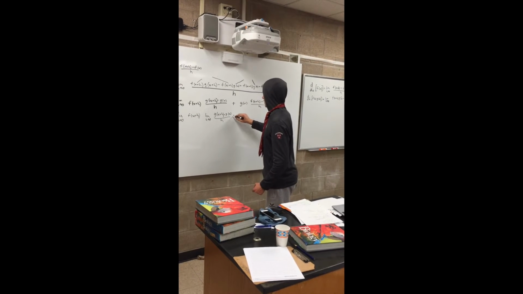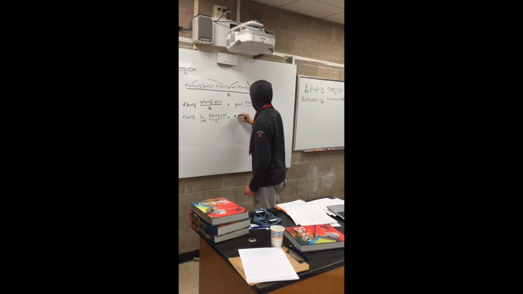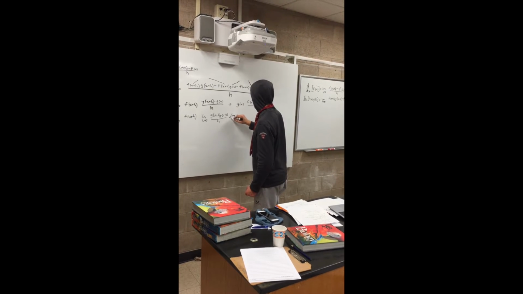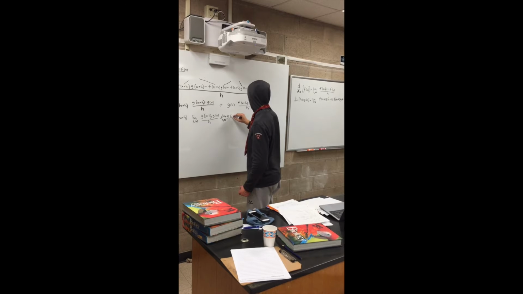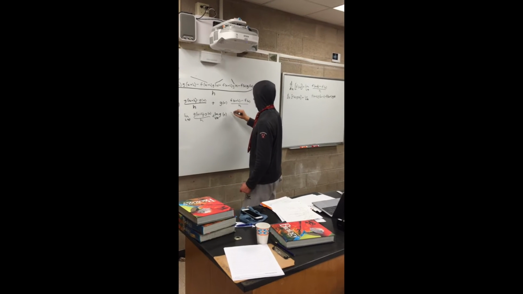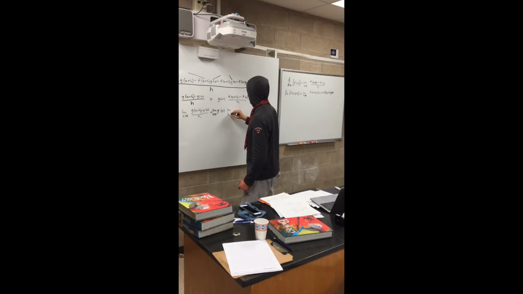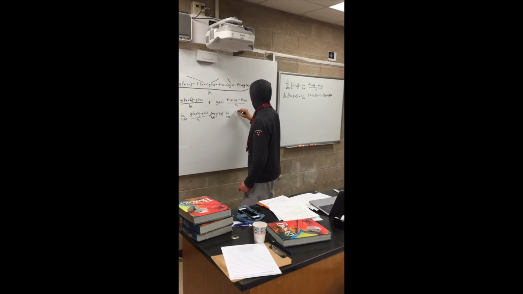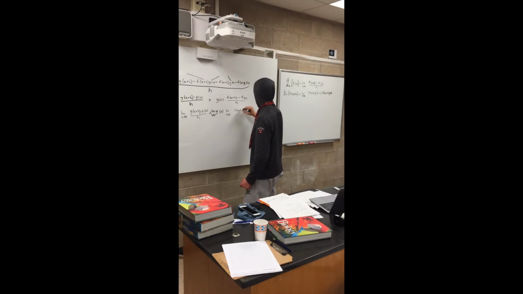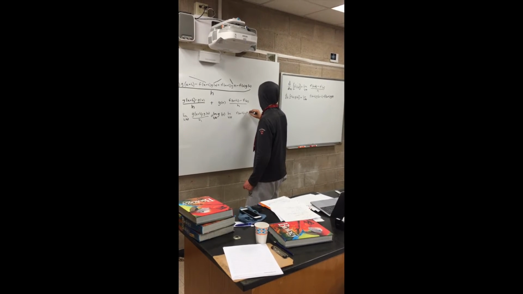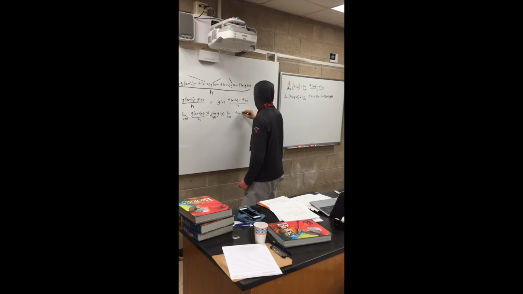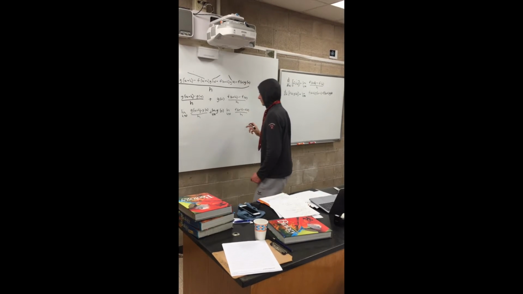Then we're going to add the limit as h approaches 0 of g of x, and then we're going to multiply it by the limit as h approaches 0 of f of x plus h minus f of x over h.